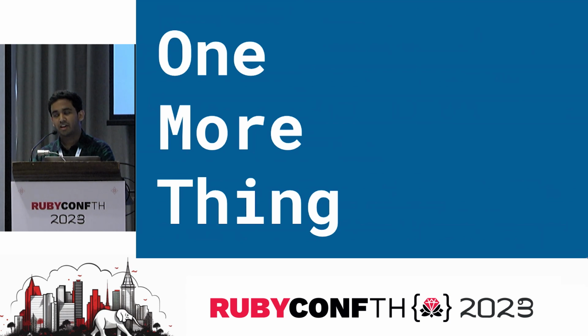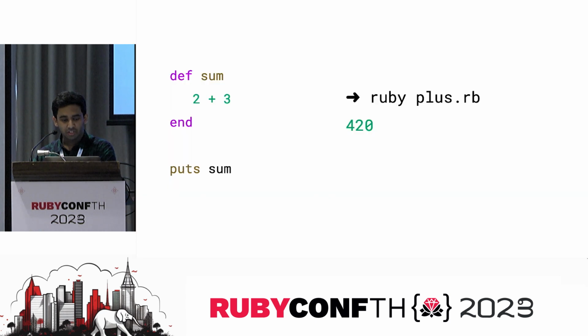And yeah, let's have some fun with RJIT. I mentioned you can make this JIT your own. So let's see an example. Let's say I have a method called 2 plus 3, and if I run this, somehow I seem to be getting a 420, right? This doesn't make sense. I am not even monkey patching my integer class where I can change the functionality of that. So what's happening here? Well, I may have done something at the JIT level.